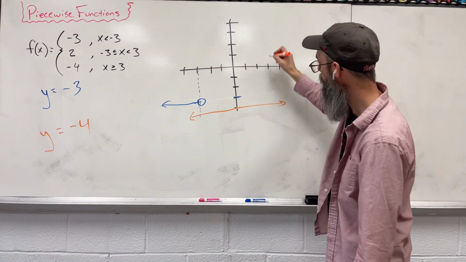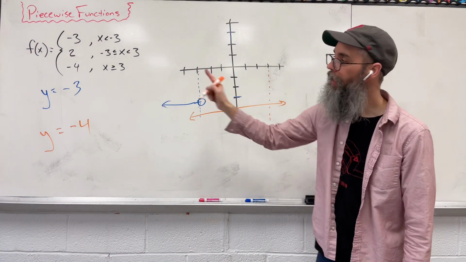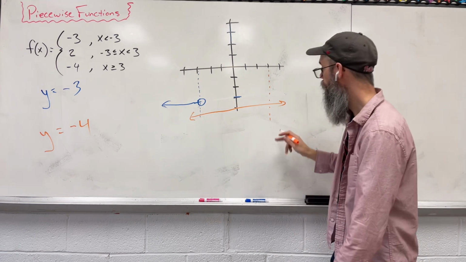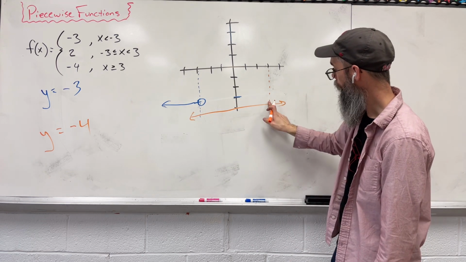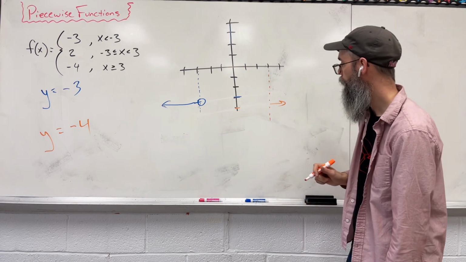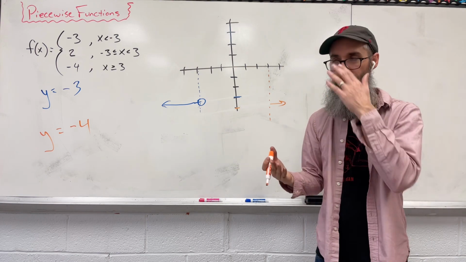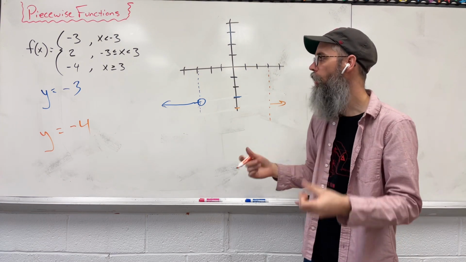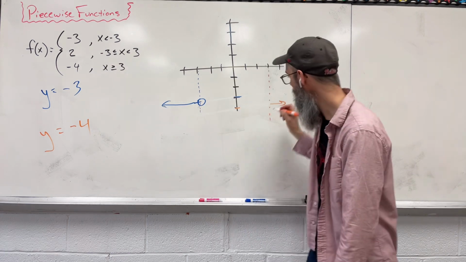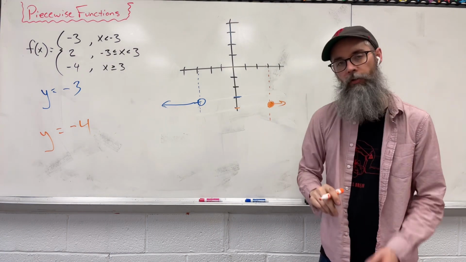So I find 3, and I draw a wall. My graph only exists when it's larger than 3. So everything smaller than 3, goodbye. Now at that wall, I've got to draw either an open circle or a closed circle to signify how we're starting. Because we have an equal sign at that wall, we have a closed circle.